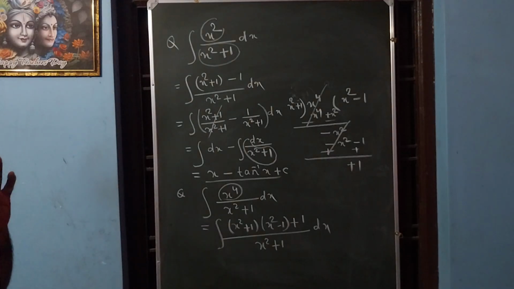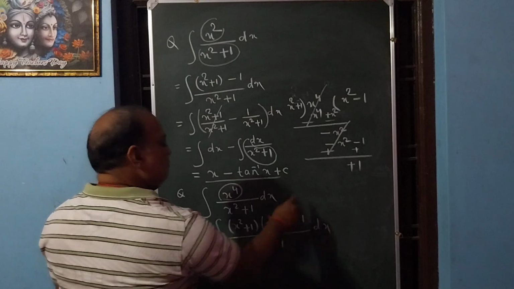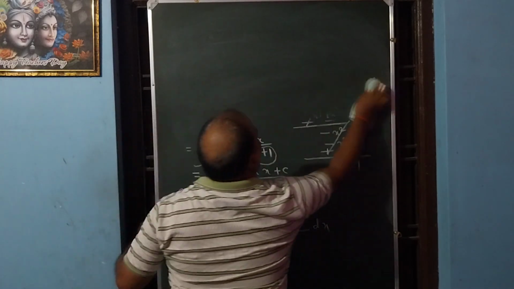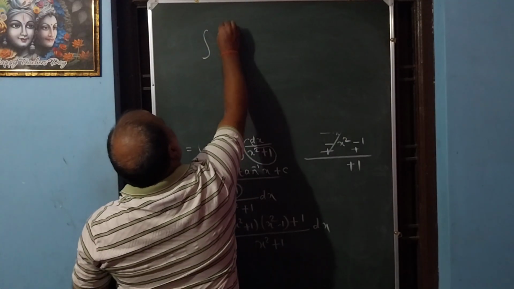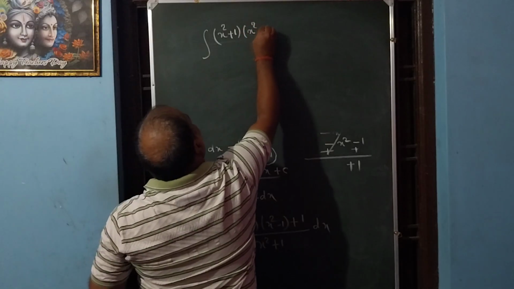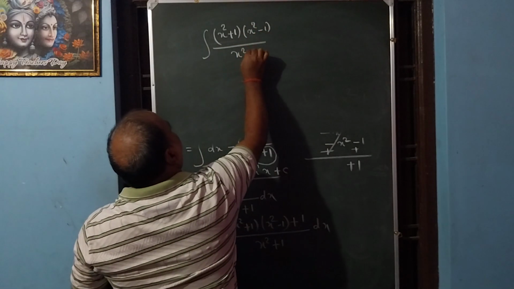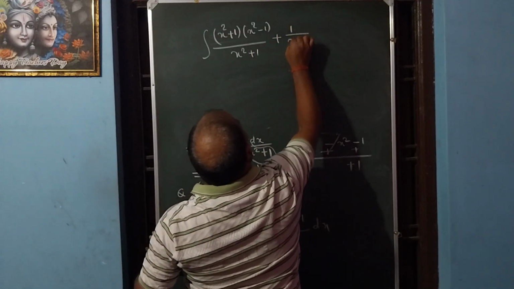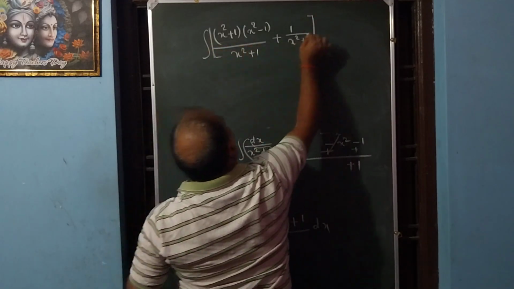Okay, so then you have to do individual division. This by this plus this by this, we get integration of x square plus 1 into x square minus 1 divided by x square plus 1, then plus 1 by x square plus 1, whole into dx.